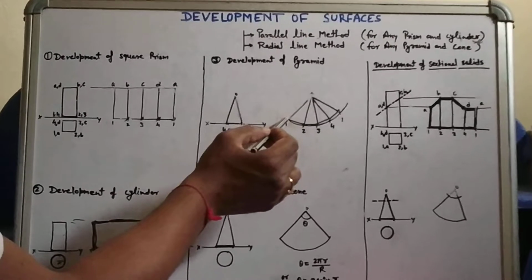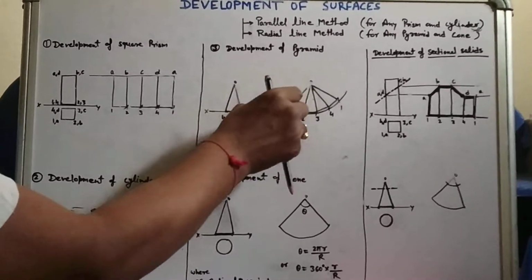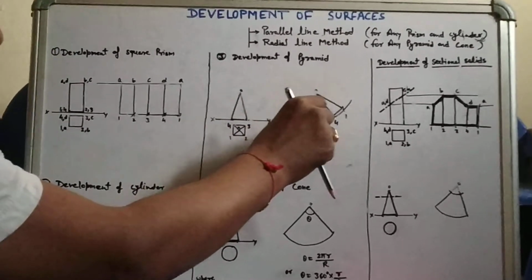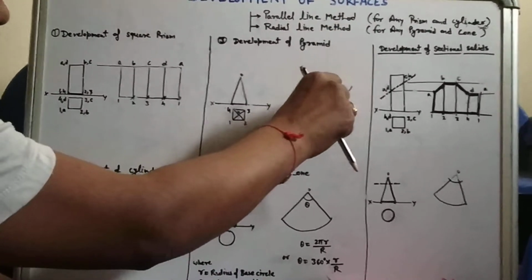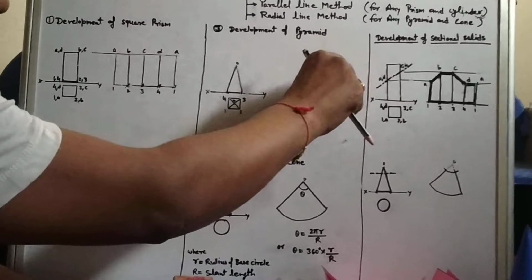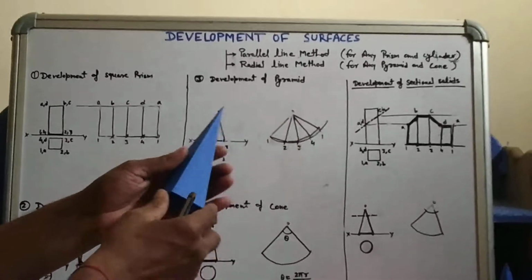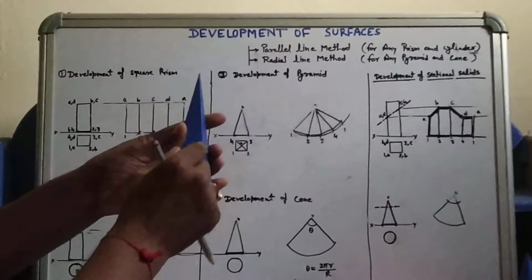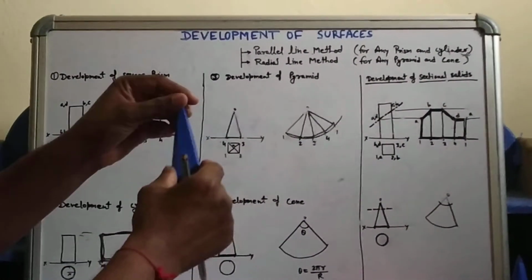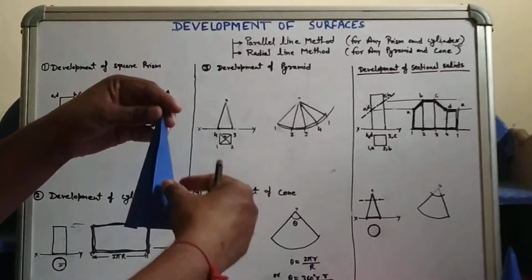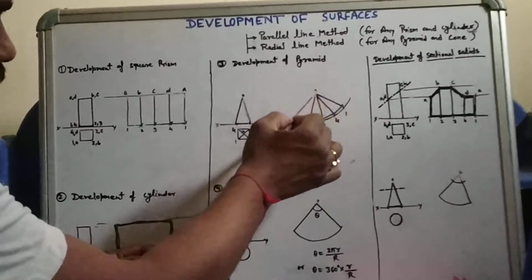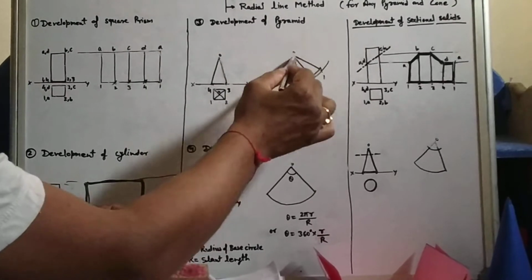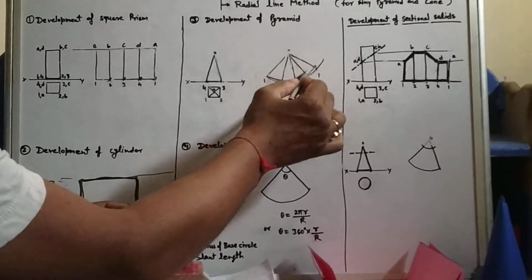Take the initial point, first point here, cut arc 1 to 2 first, 2 to 3 second arc, 3 to 4 next arc, 4 to 1 next arc. How many faces are there? There are 4 faces: first face, second face, third face, and fourth face. This is similar to the first, second, third, and fourth faces.